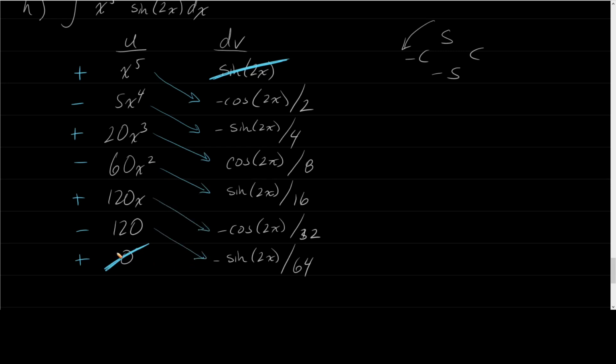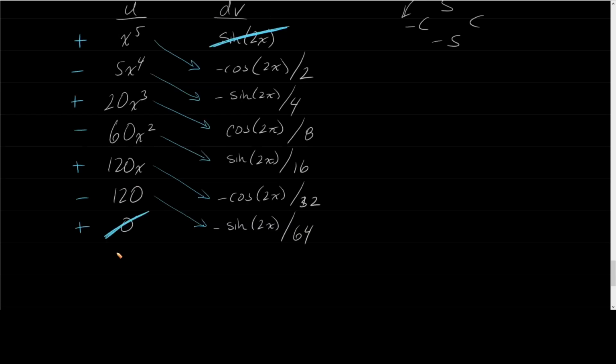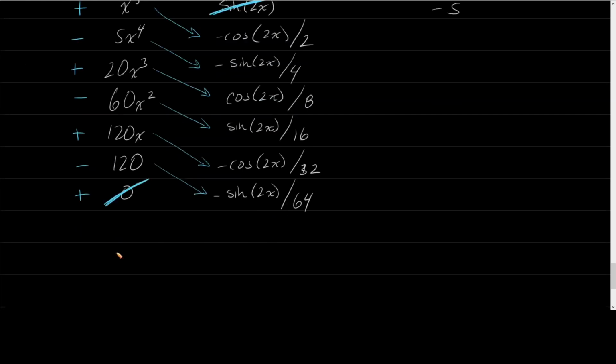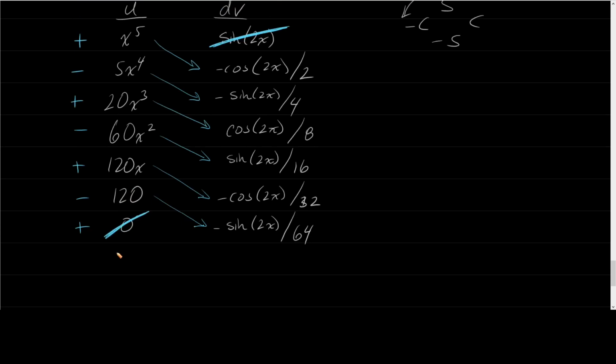Now we're almost done here. The answer of that integral is going to be as follows. Perhaps I'll rewrite the integral: the integral of x to the fifth times sine of 2x dx. And here we go. I want to multiply those first two, but notice I have a negative.